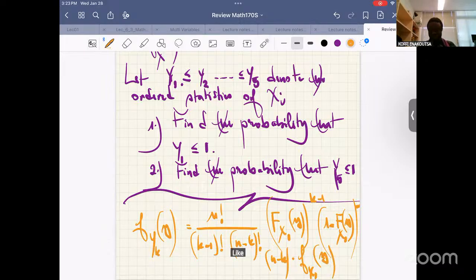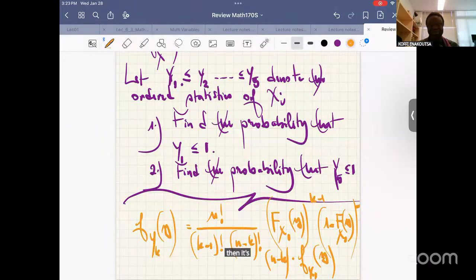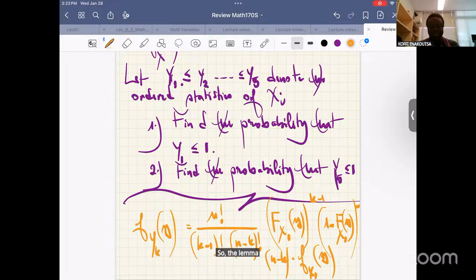So is it too complicated to have this? I don't think so. If you write it down twice, then it naturally will come. So you don't need to memorize anything over here. You can use this formula, okay? Or you can simply use the lemma which we learned previously, the lemma on the order statistics for the extreme values Y1 and Yn.